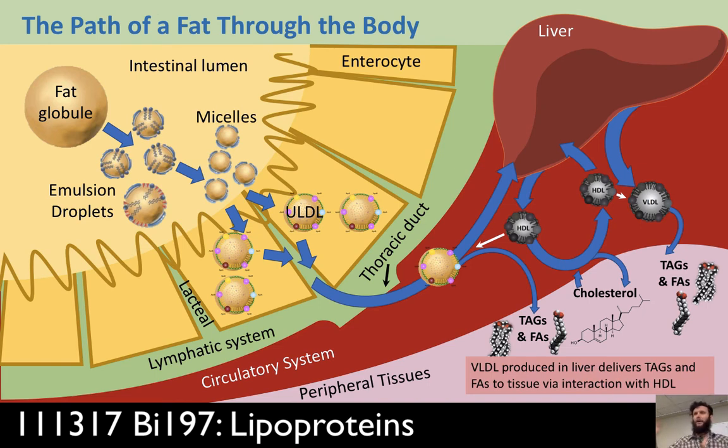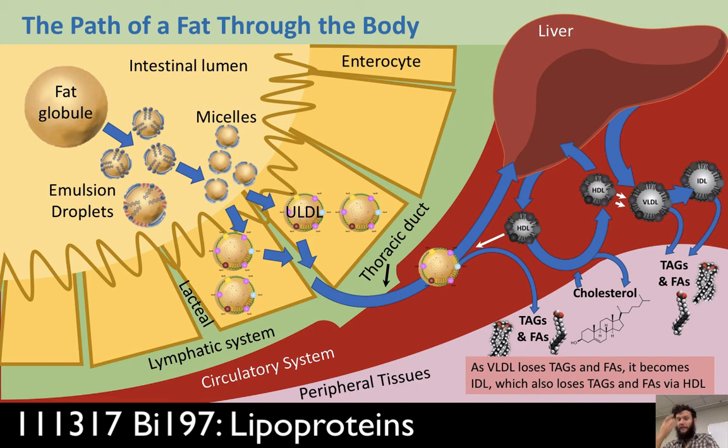And HDL is moderating all of this. So in much the same way as HDL interacts with chylomicrons, it interacts with VLDL as well. You can see by the little white arrows that I put there. It's interacting with VLDL and causing them to deposit the triglycerides and the fatty acids.